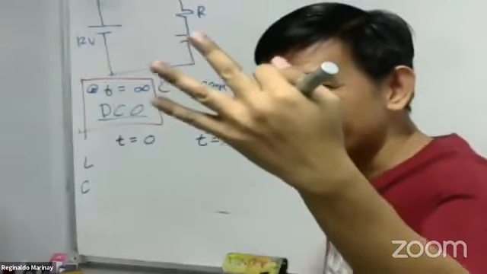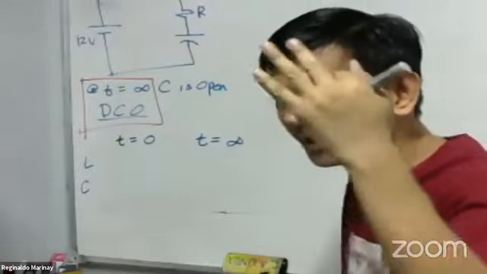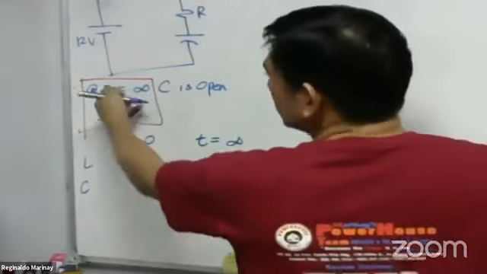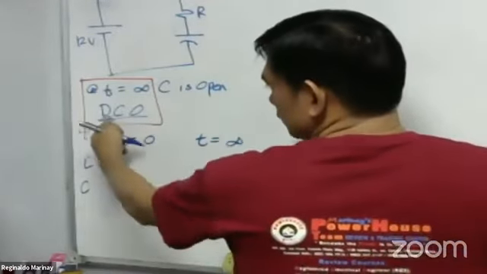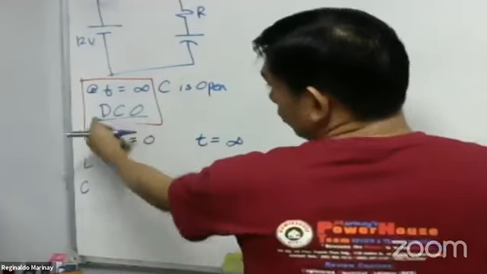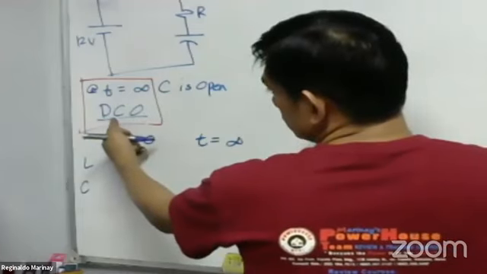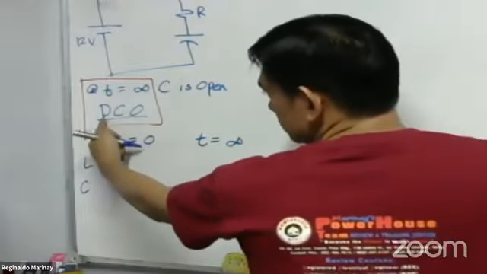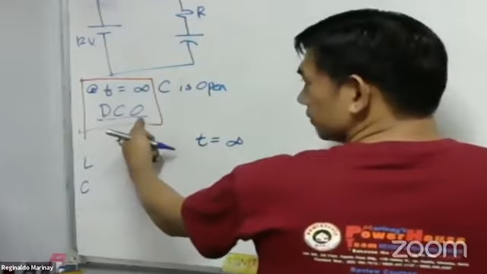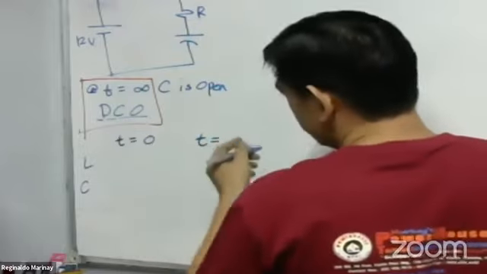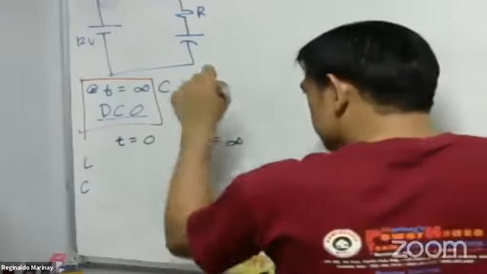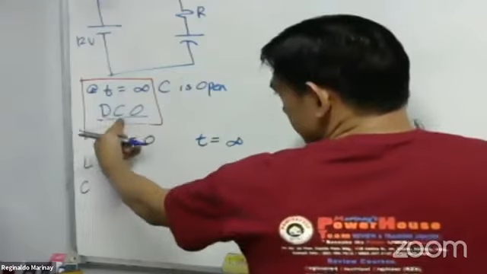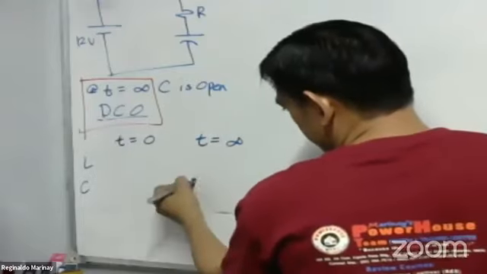I only remember this: DCO. Not CDO. What is DCO? At DC, our capacitor is open. I keep in mind that it is in steady state condition. C is open. At DC, capacitor is open. At time infinity, this will become open, right?